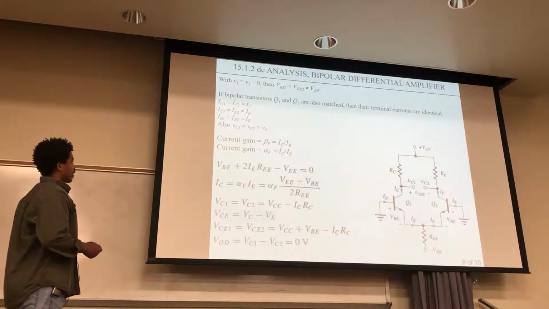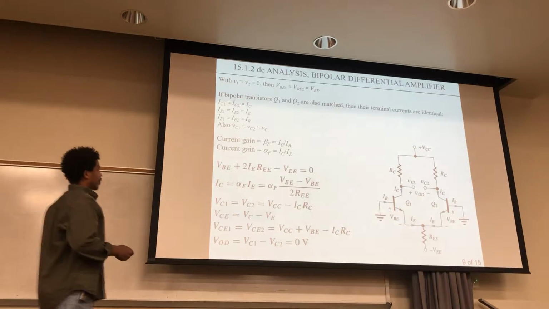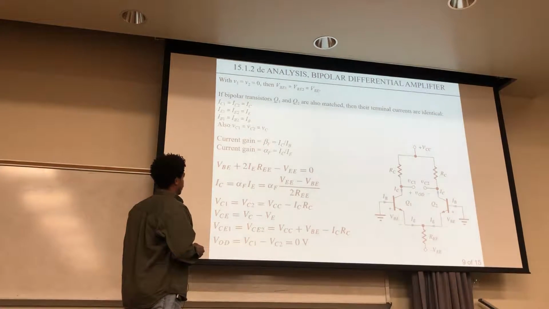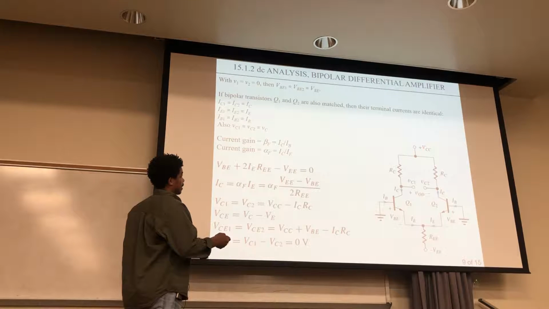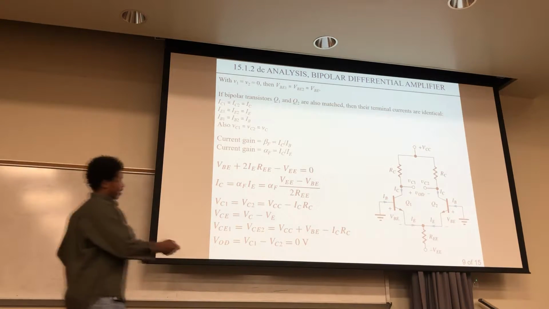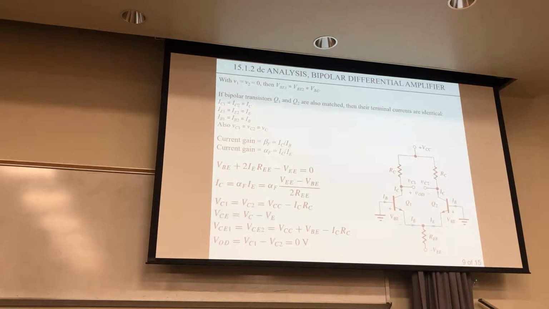This right here, another KVL for this. This is this VC2, like for this one. It's also the same for that one over there. VCC minus the ICRC. So VCC minus the current going through here, which is IC and RC. That voltage drop is that resistance. I mean that voltage right there.